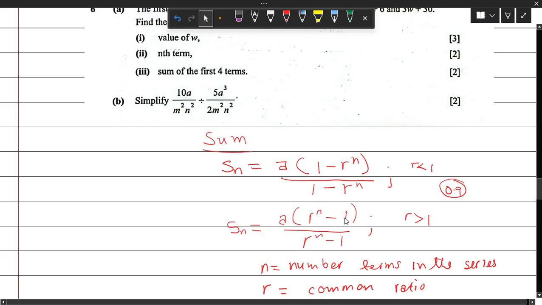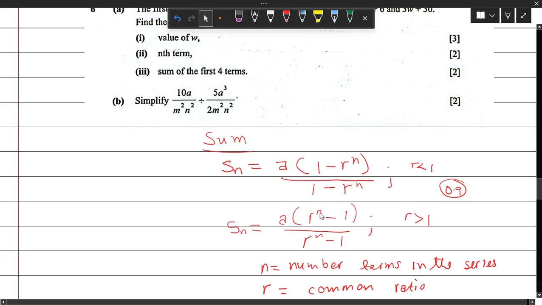It will give you a negative, and the sum has to be positive. You see? So if you are lost and don't know which formula to use, you can calculate the sum. If you get a negative, meaning you've swapped the formulas, you use the other formula, because the sum is always positive. So since we know r is 3, meaning it's greater than 1, we use this formula.